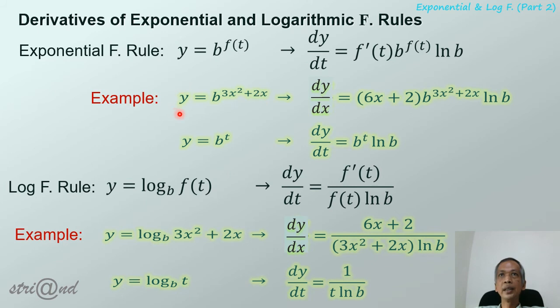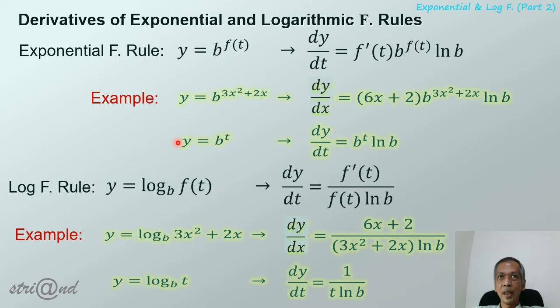derivative of y with respect to x is the derivative of the function here, so it is 6x plus 2, times b to the power of 3x squared plus 2x, times the natural logarithm of the base b.